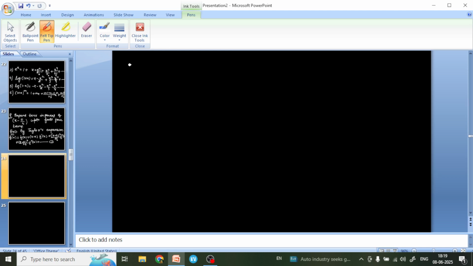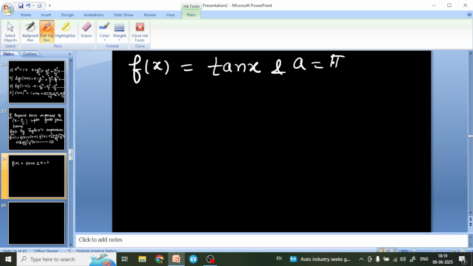Now function of x is equal to tan x, which is given, and a is equal to pi over 4. It is taken from the question.